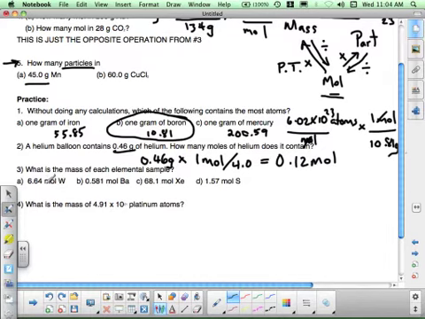Next question. Moles to mass. What is the mass? So you're ending up here, you're starting here. For each one of these, you're going to be multiplying those moles by what's on the periodic table. So I'm going to go ahead and start filling that in. 6.64 times tungsten.